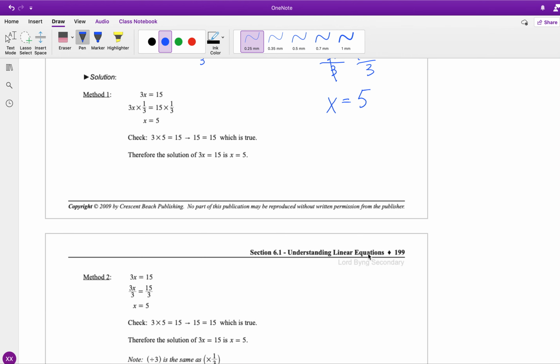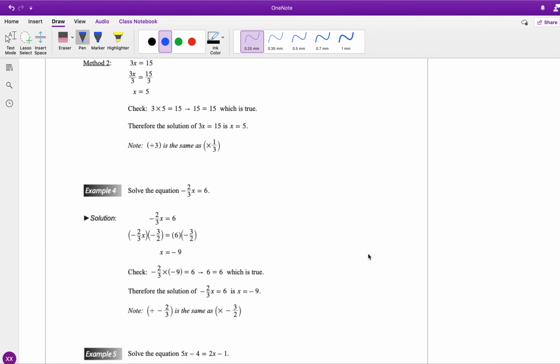Now very similarly, I've got negative 2 over 3 x equals 6. Same thing. This is just the coefficient. We also talked about the coefficient. The coefficient now is just a fraction instead of a whole number, and also a negative number. So this one equals 6.